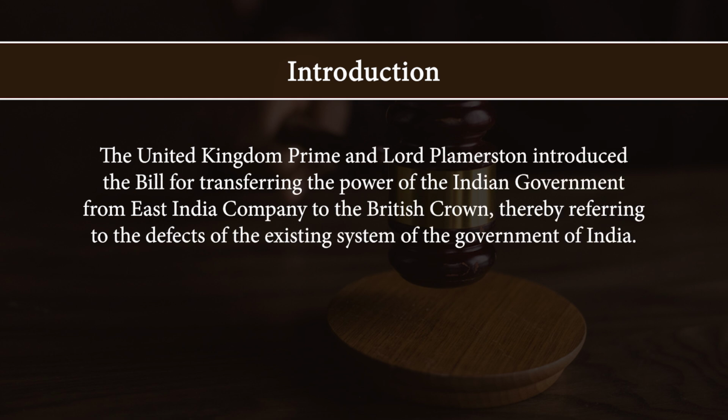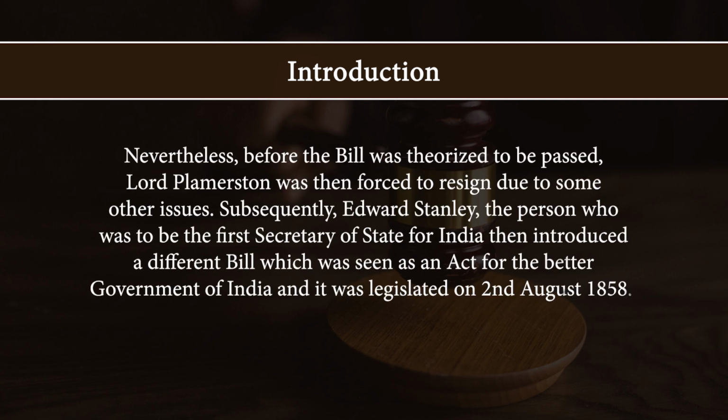The United Kingdom Prime Minister, Lord Palmerston, introduced the bill for transferring the power of the Indian government from the East India Company to the British Crown, thereby referring to the defects of the existing system of the Government of India. Nevertheless, before the bill was passed, Lord Palmerston was forced to resign due to some other issues.